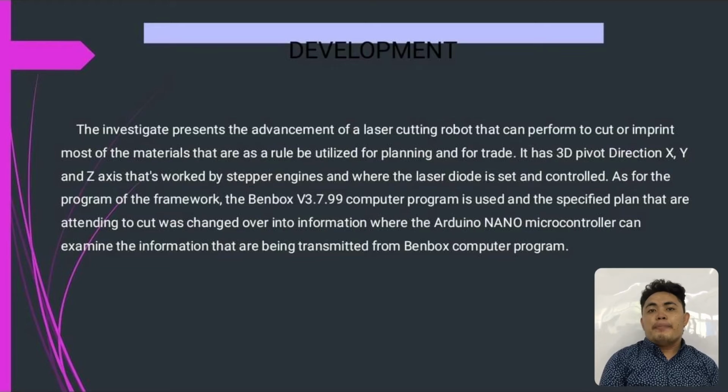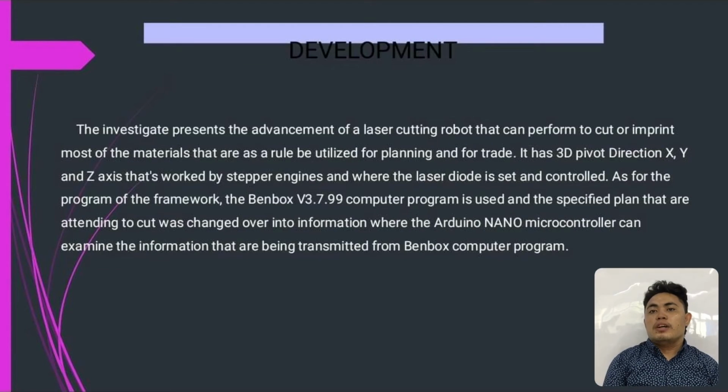The Beambox V3.7.99 computer program is used for the frameworks program, and the defined plan that is intended to cut was converted into information so that the Arduino Nano microcontroller may study the information that is being communicated from the Beambox computer program.